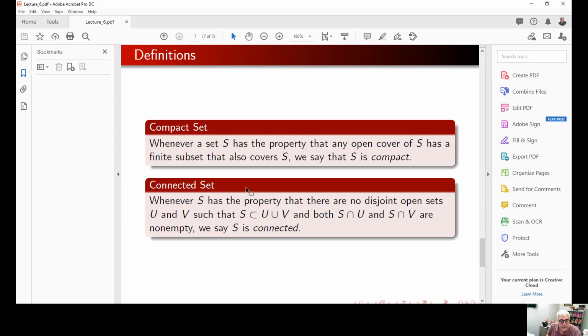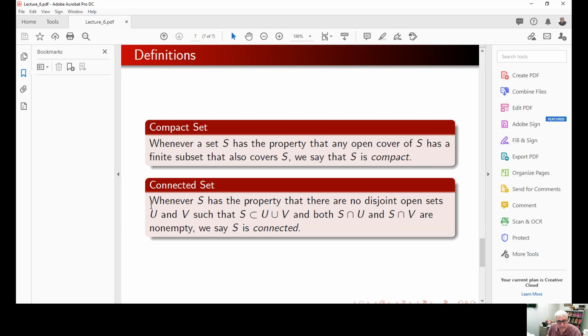And so these give us a couple more definitions. The first one, a compact set: whenever S has the property that any open cover of S has a finite subset that also covers S, we say S is compact. This is going to be used all over the place. It's a very important property for a set of real numbers to have.